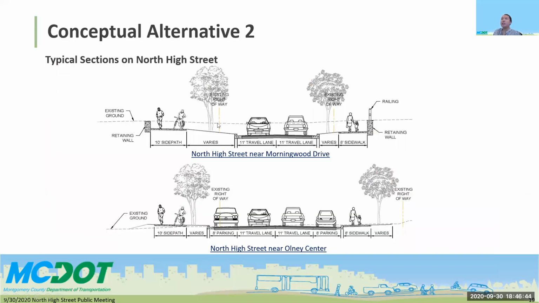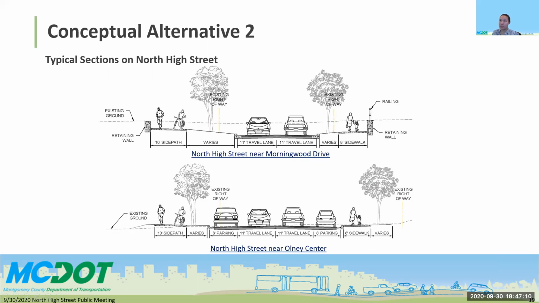And then for alternative 2, this is the master plan typical section, where there's travel in both directions, 11-foot wide. There's a 10-foot side path on the north side of North High Street, and an 8-foot sidewalk on the south side.